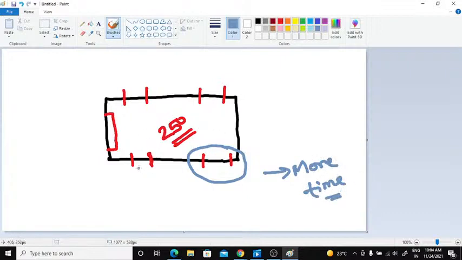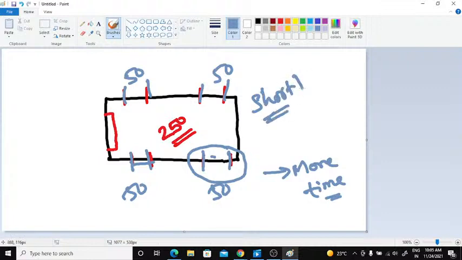Suppose the people use multiple doors in parallel. Then at the same time, 50 people will exit from here, 50 from here, 50 here. Parallelly, within a very short time, they can disperse.